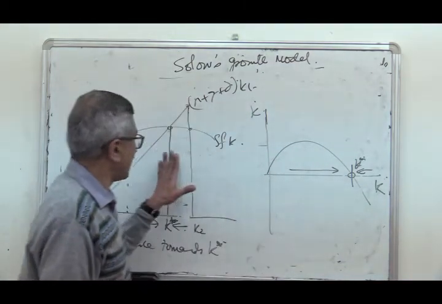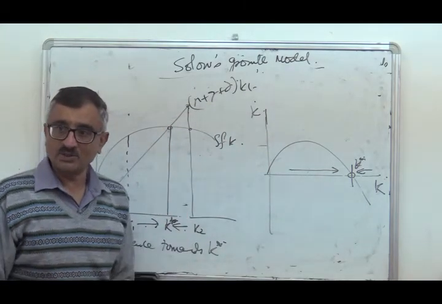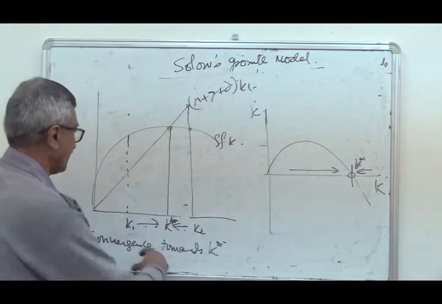Now let's take this diagram for further illustration and understand what happens to the economy when any of the variables changes over a period of time.